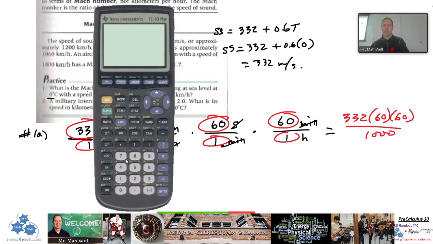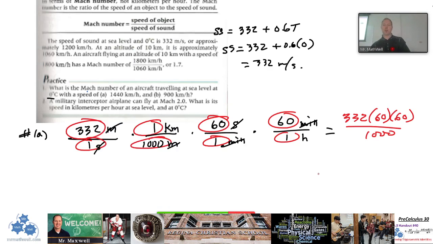Turn it on. 332, because that's the speed of sound at 0, times 60 divided by 1,000. And that's going to be 1195.2. And what's that going to be in? Kilometers per hour.